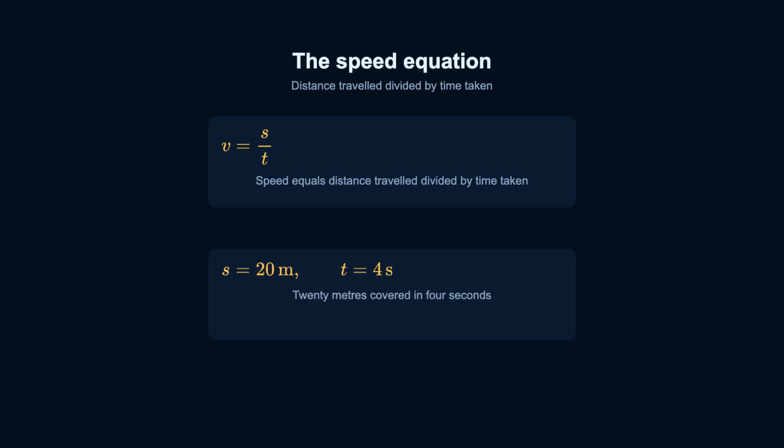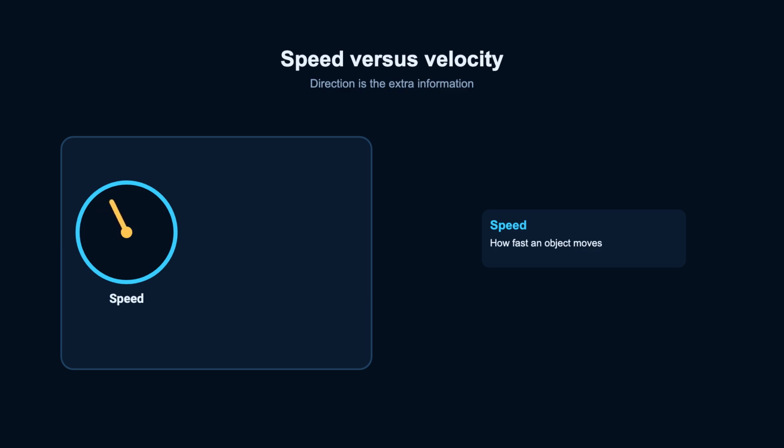If you cover 20 meters in 4 seconds, your speed is 20 divided by 4, which is 5 meters per second. Speed alone tells you how fast something moves, but it says nothing about which way it's headed.